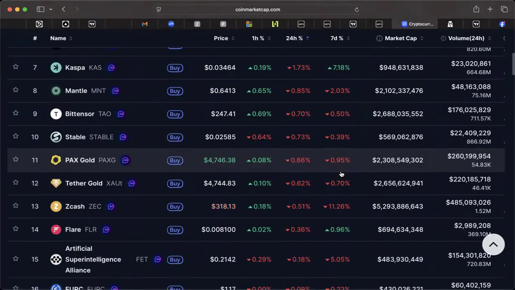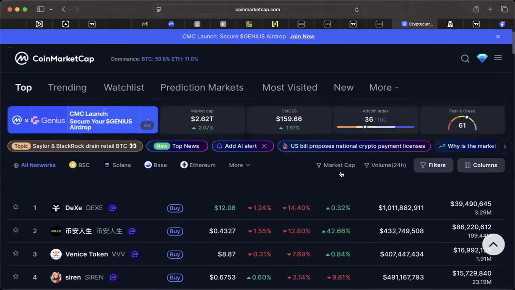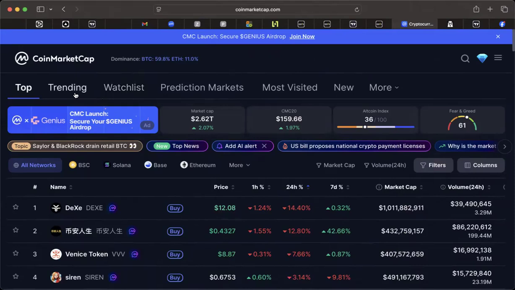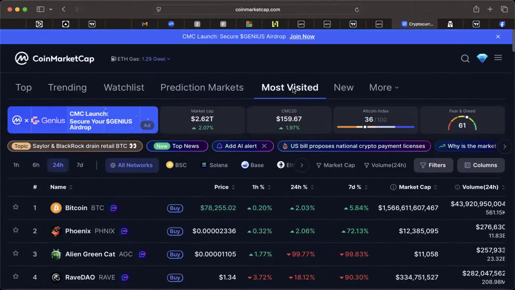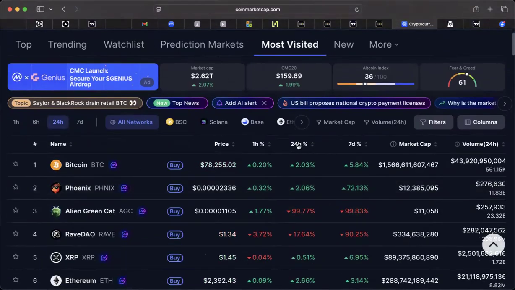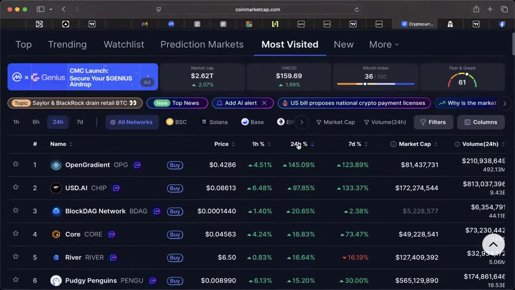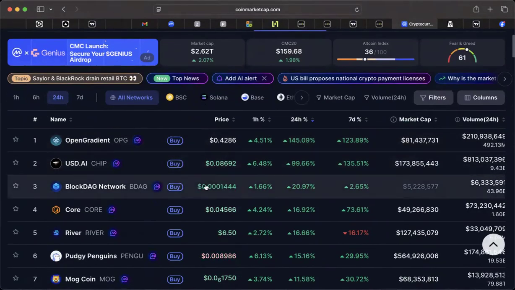So if we decide to go to trending, or let's see most visited, OpenGradient, 145%. Wow.